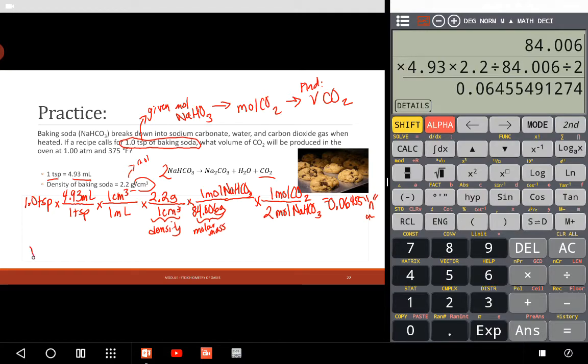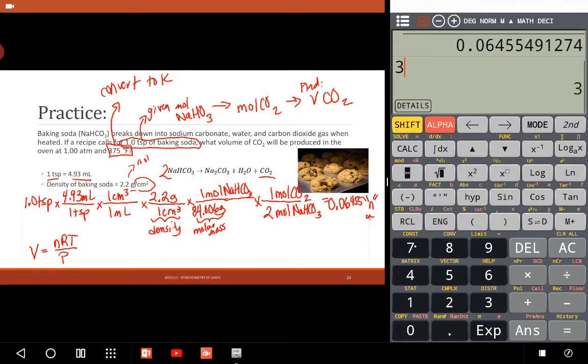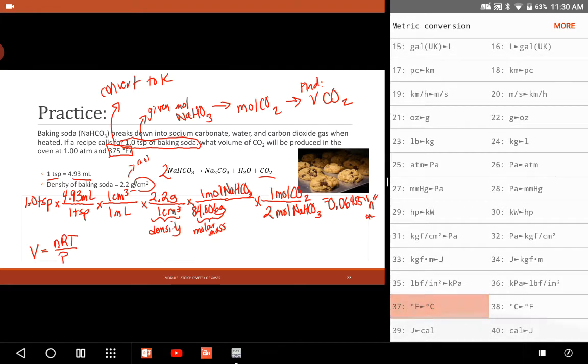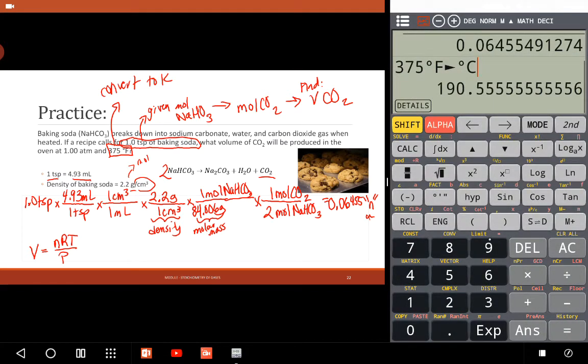And so now I can plug that into my PV is equal to nRT equation, solving for my volume. I'm going to need to get this into Kelvin. Some scientific calculators have a built-in conversion function, and so you can convert from Fahrenheit into Celsius and then do the conversion from there into Kelvin.